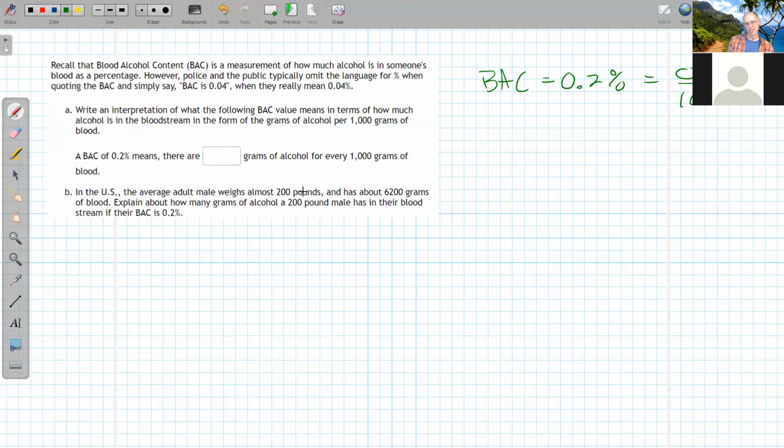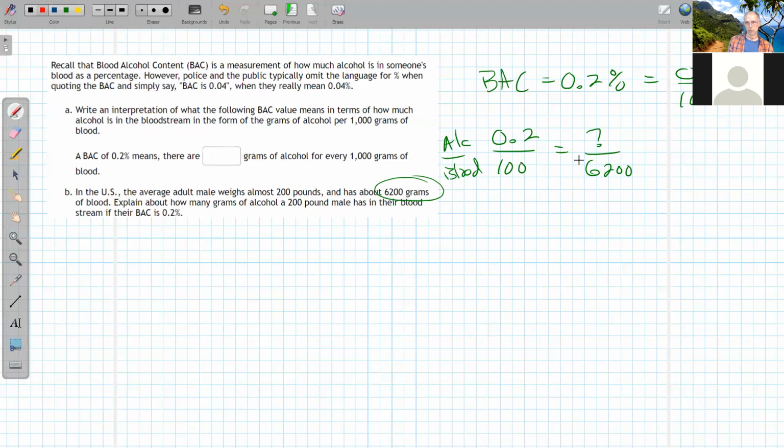The weight is important, but what's really important is the grams of blood, because that's what BAC measures. It's out of grams of blood. So for this problem, I would say, okay, 0.2 out of 100, again, that's alcohol over blood, equals what out of 6,200? Again, it's the blood that I need to compare for the BAC here.